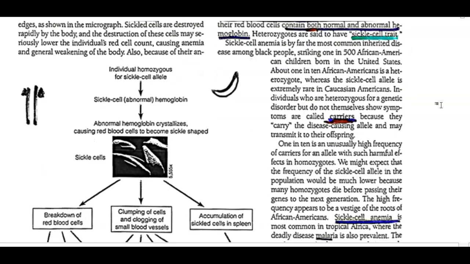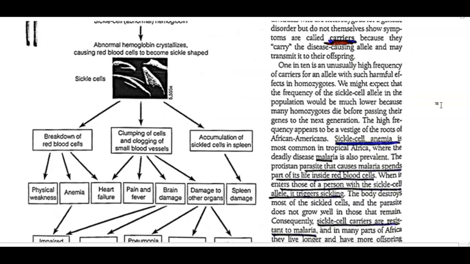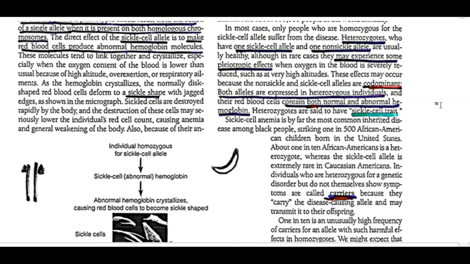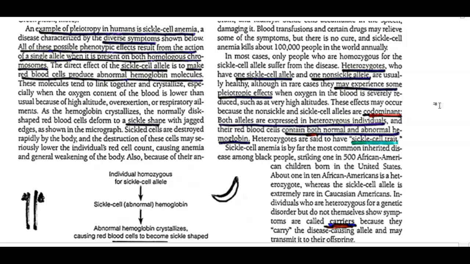That is, if it's homozygous, all those different traits we looked at. And let's look at why. So the sickle cell allele, looking right here, makes red blood cells produce abnormal hemoglobin molecules.